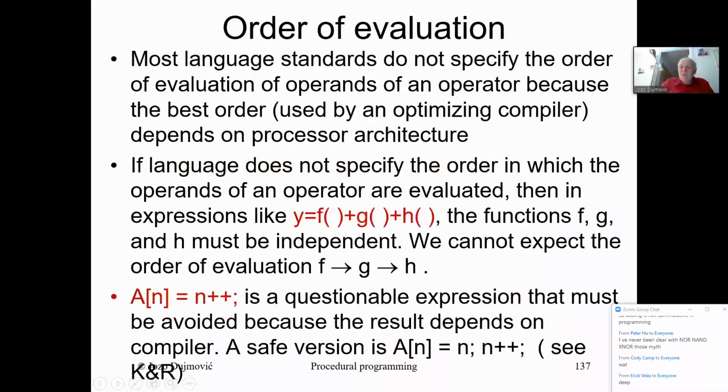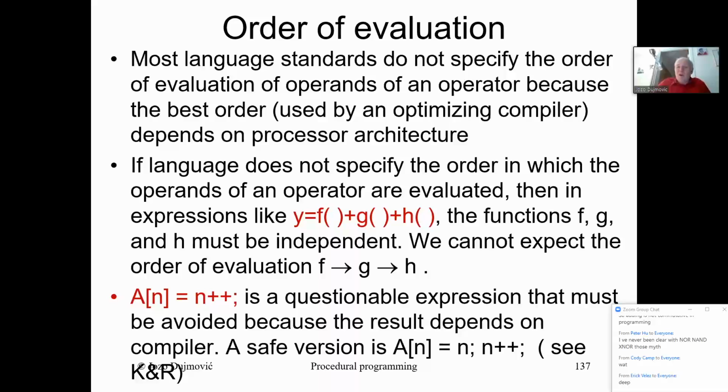Something that is very, very dangerous is to assume the order of evaluation. Most languages tell you nothing about the order of evaluation of operators and operands. Why not? Because this gives the compiler an opportunity to perform some optimizations, to do something optimally. So the compiler has the freedom to do that.